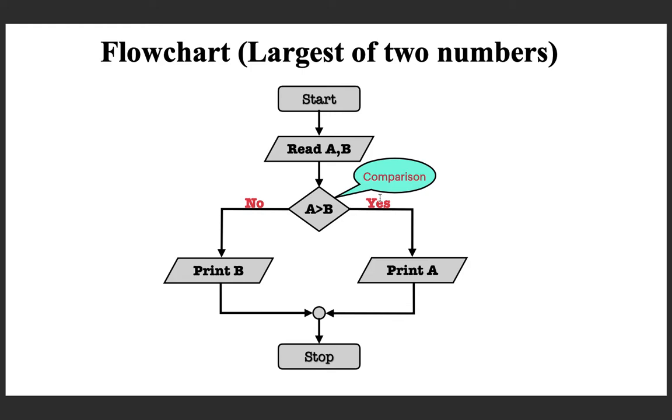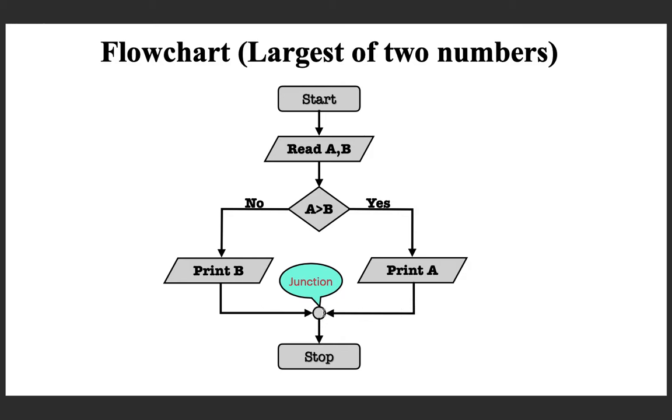One corresponds to the yes outcome of the comparison. The result of the comparison may be yes or no. For yes, there is an output line, and for no, there is another output line. And one more symbol is used here, which is the circle, which is a junction node to combine various lines into a single outgoing line.